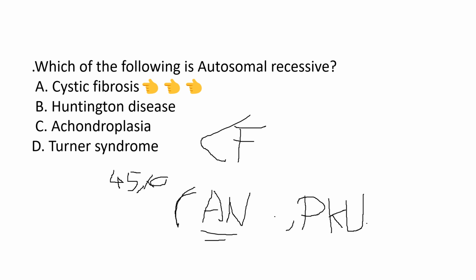It means that she has 44 autosomes and only one X chromosome. Actually, all females have 44 plus XX chromosomes, but in this condition, she has only 44 plus X chromosome.